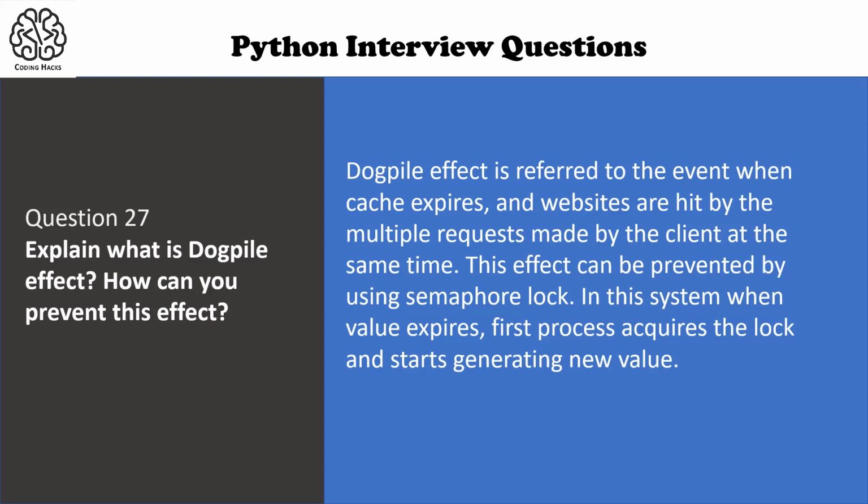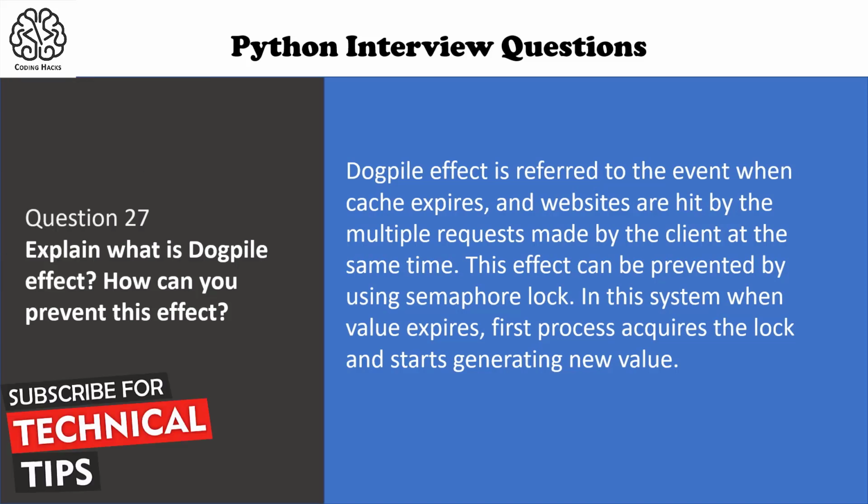This Dogpile effect can be prevented by using a semaphore lock. In this lock system, when the value expires, the first process acquires the lock and then starts generating a new value.